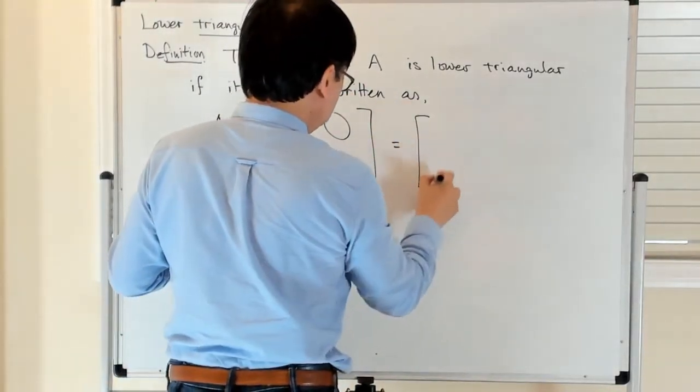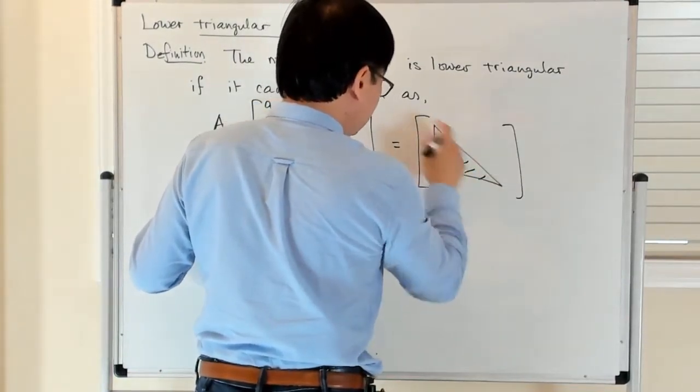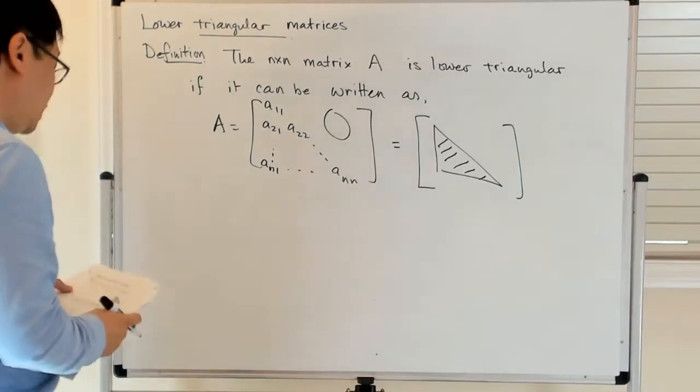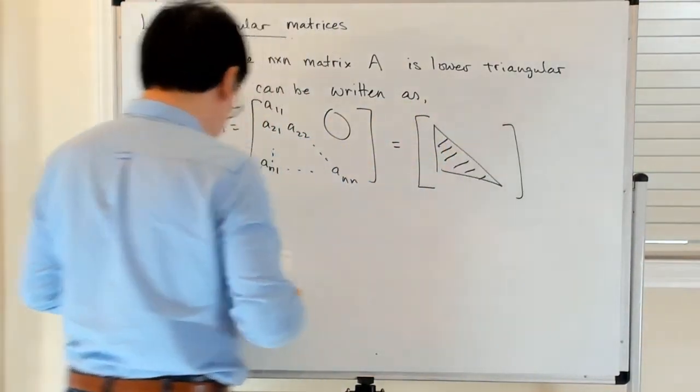And sometimes I will denote this in the following way. You have a matrix and you just have a triangle which is shaded in. Those are the possibly non-zero entries, and then these are 0 entries.